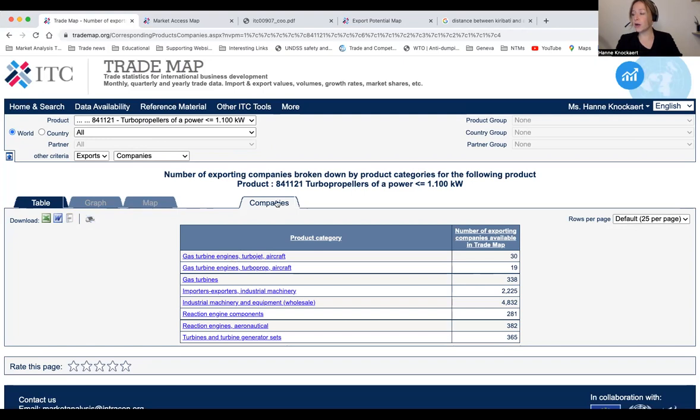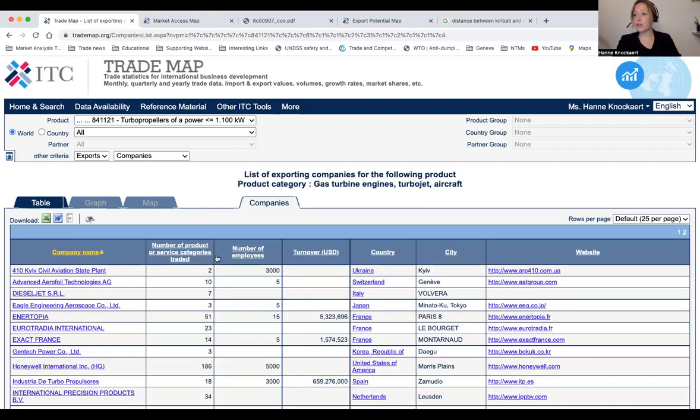So once you click on companies, you get a list of exporting companies available in TradeMap on the product you were looking at. So they might be categorized in different titles here, but under all these titles is interesting information for the product at this HS6 level code.